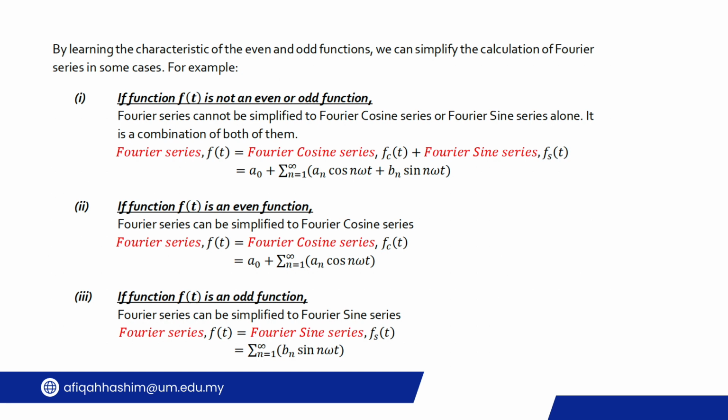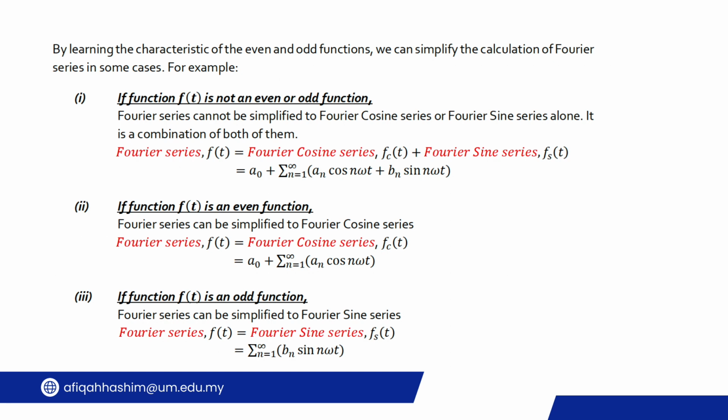So you plot the signal of the function, and when you have plotted the graph, you can determine whether the signal is an even or odd function. If the function f of t is not even or odd, your Fourier series cannot be simplified into the Fourier cosine series or Fourier sine series alone.